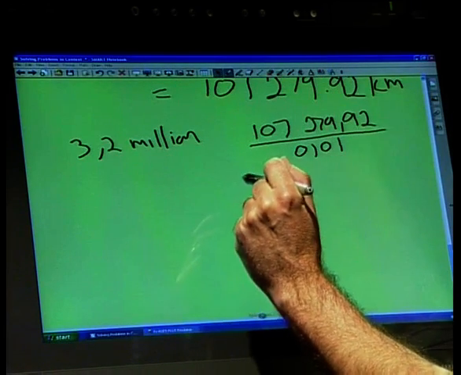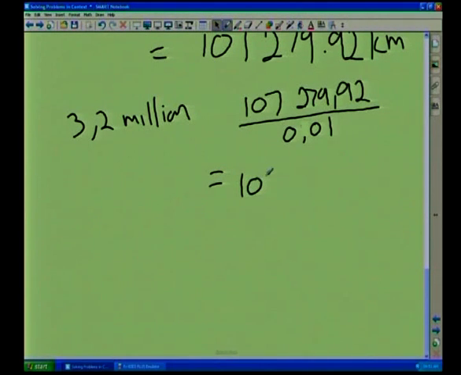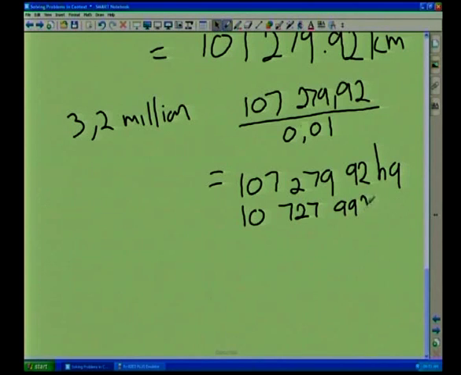Doing that will give us an answer of 10,727,992 hectares. Let's rewrite that a little bit neater here: 10,727,992 hectares. That's the total arable land in the nation in hectares.